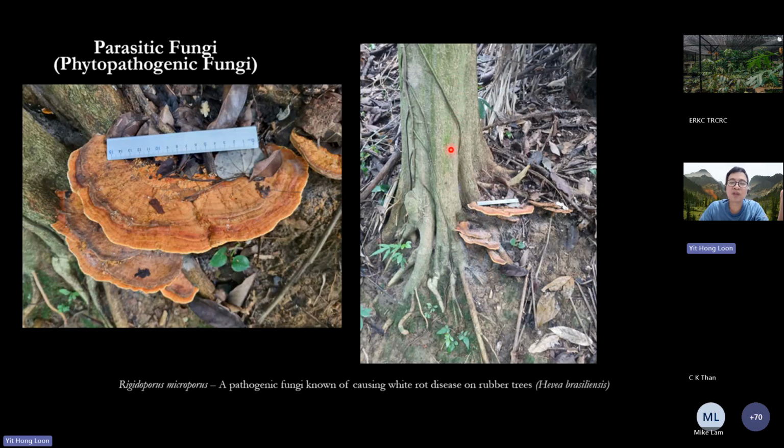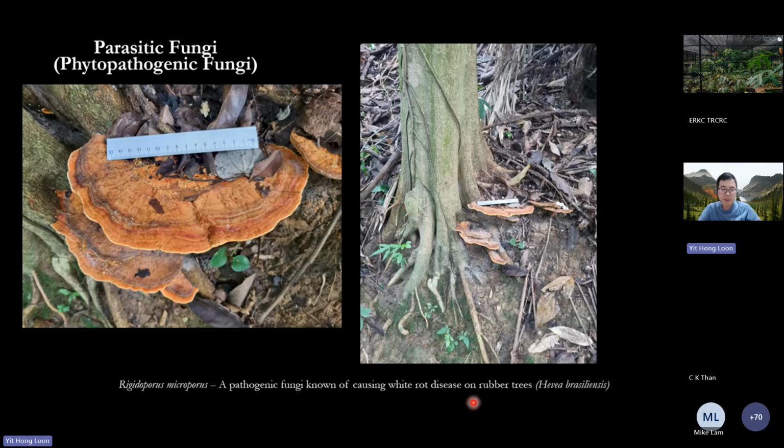Okay, so you might say this is a bad fungi lah. Okay, but there's a role played by this fungi. Actually, those trees that are sick or old, or not healthy, are very prone to attack by fungi. So actually, they are doing natural selection here.